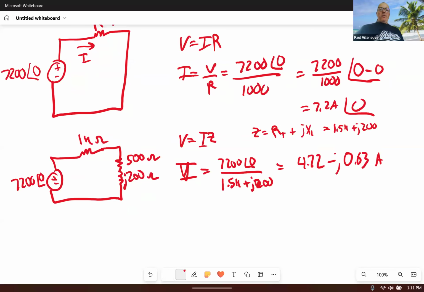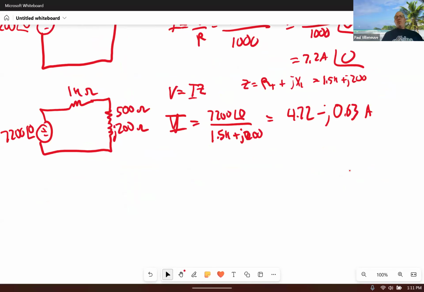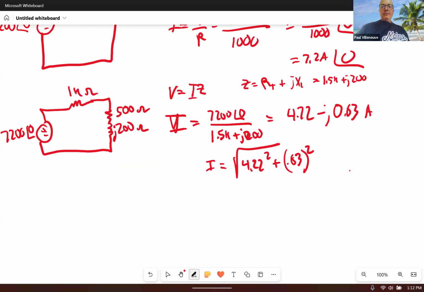And since you're all wonderful at math, I know this is your preferred way, right? You're going to say, all right, I can do Pythagorean's theorem. That's my magnitude. And then my angle, no problem. It's negative inverse tan.